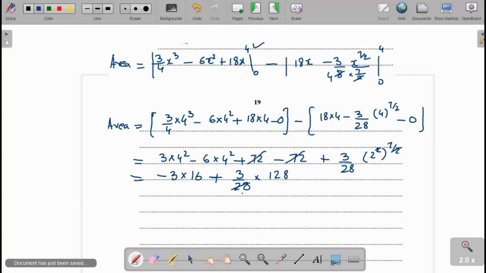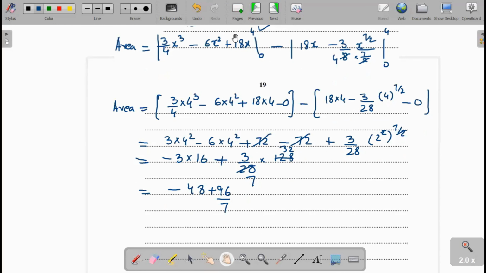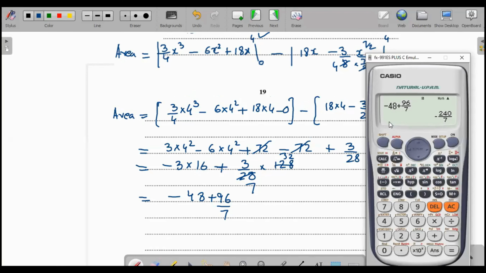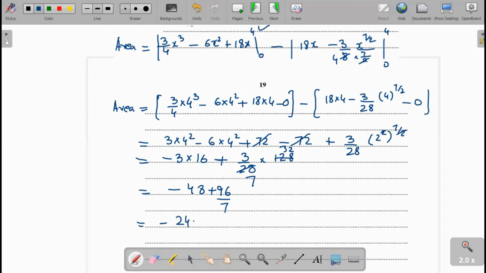Now that value is minus 48 plus 96 over 7. We calculate it. You can see here minus 48 plus 96 over 7 is equal to minus 240 over 7. And minus 240 over 7 is the answer.